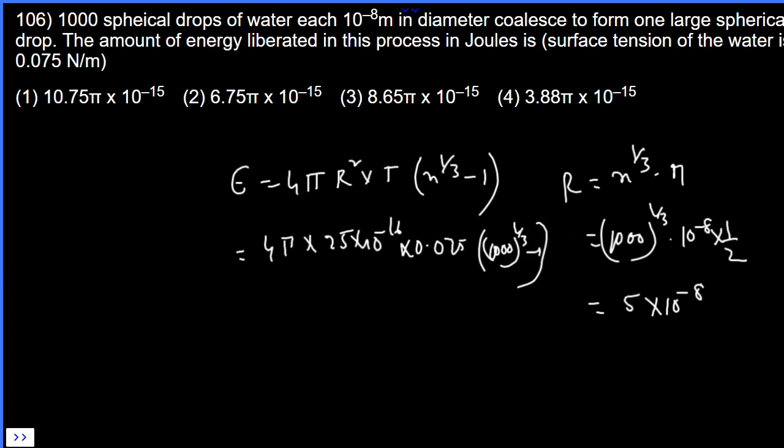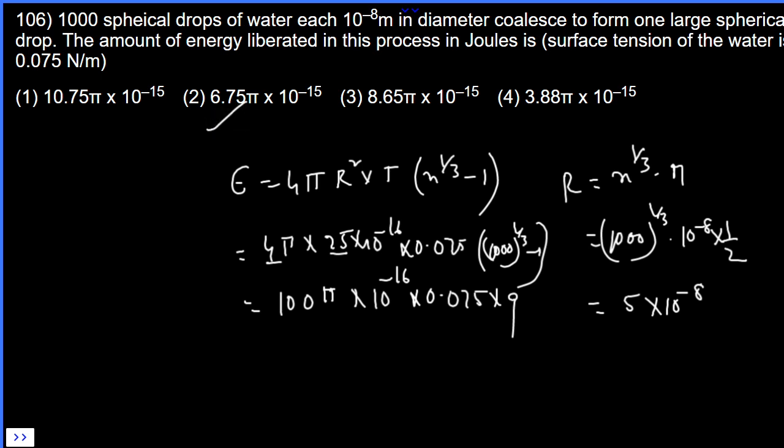After simplification it is 25 into 4, 100 pi into 10 power minus 16 into 0.075 into 9. We get option number 2, that is 6.75 pi 10 to the power of minus 15.